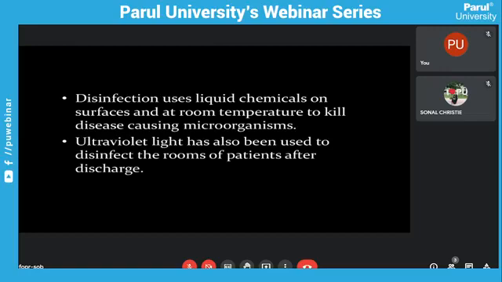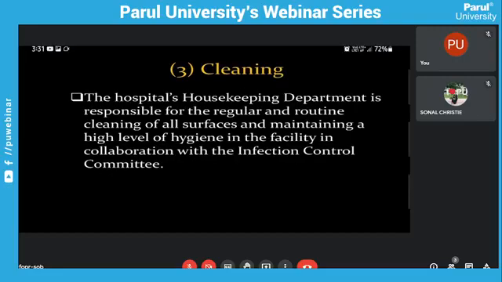Ultraviolet light has also been used to disinfect the rooms of patients after discharge. After any patient gets discharged, ultraviolet lights are used to disinfect the room. Then third is cleaning.